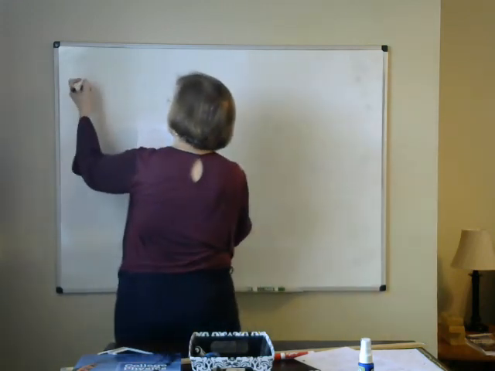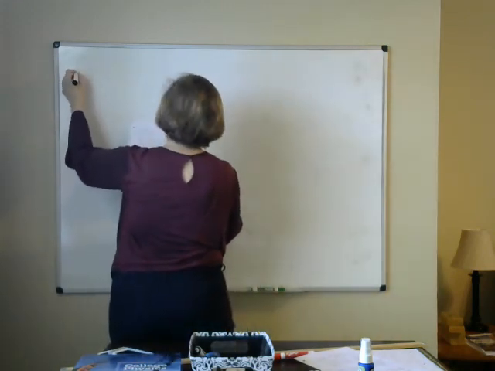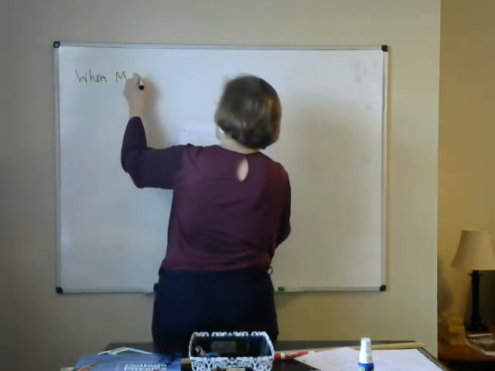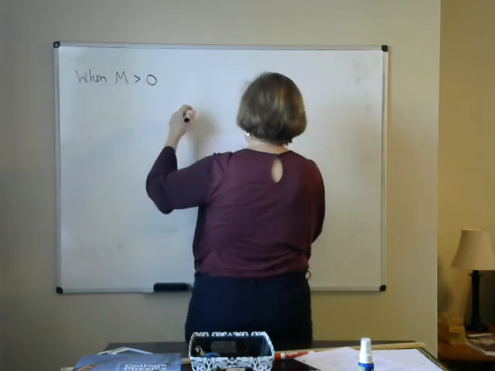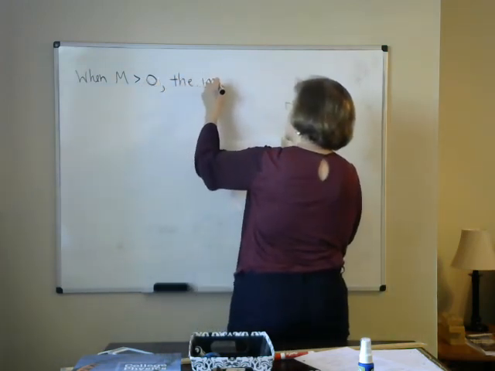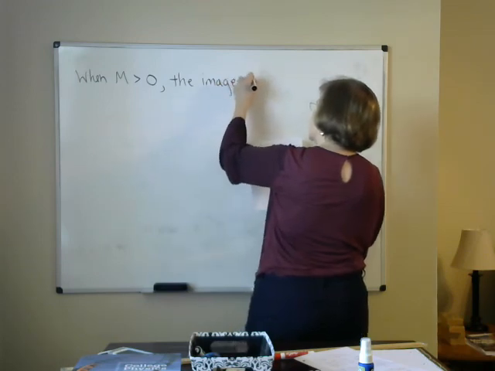So, when M is greater than 0, when M is positive, the image is erect.